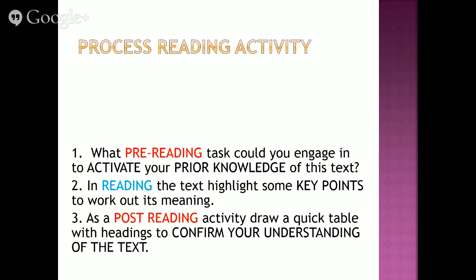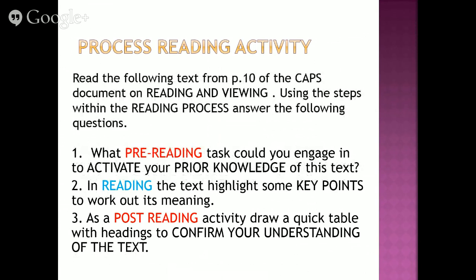So, as we start this process of reading, I'm going to put up an extract from page 10 of the CAPS document. And using the steps within the reading process, you are going to answer the following questions.